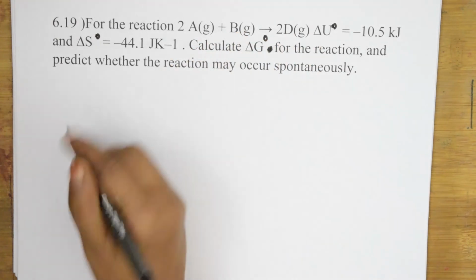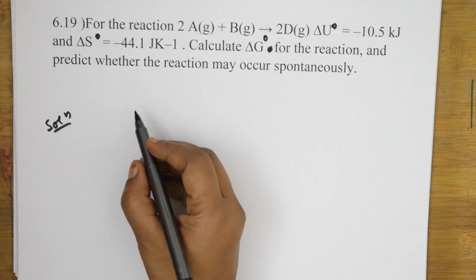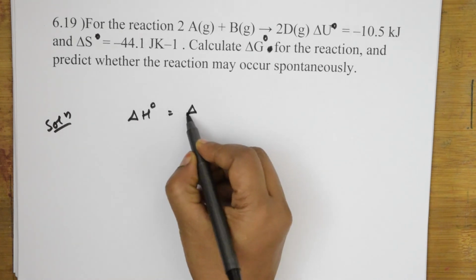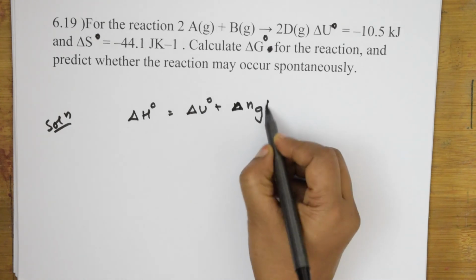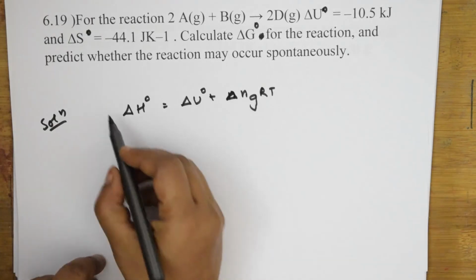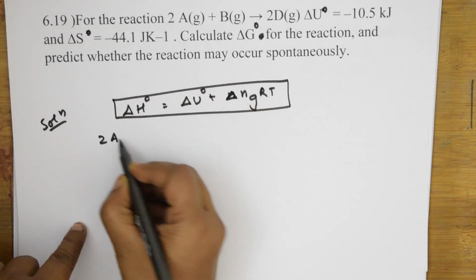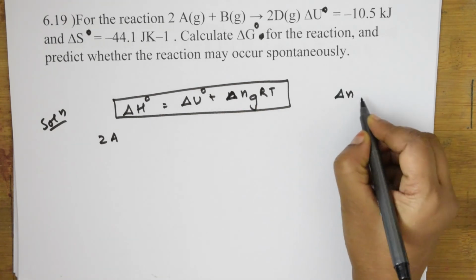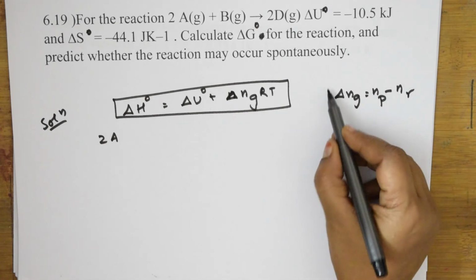For gaseous reactants and products, the formula which you are always going to use is delta H naught equals delta U naught plus delta Ng RT. Remember this. Based on that, we'll start. Delta Ng is nothing but the number of moles of the products minus the number of moles of the reactants.